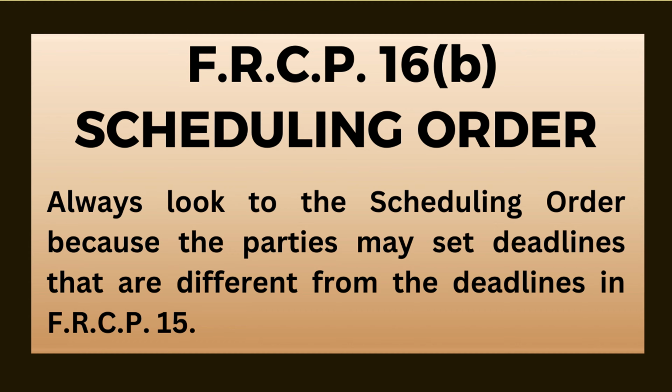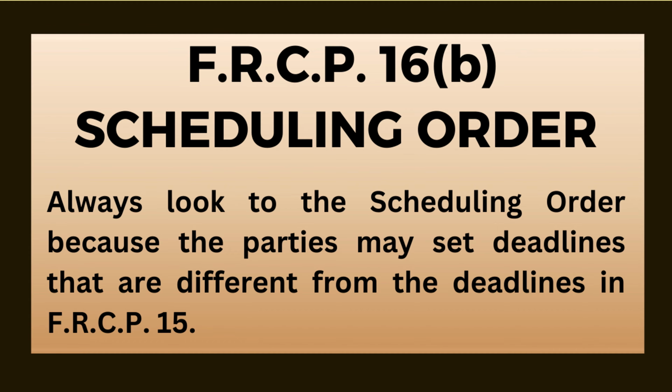Now, there is one other place to look, and that's Federal Rules of Civil Procedure 16(b), the scheduling order. After the complaint has been filed and the defendant has served an answer, the parties come together and participate in a scheduling conference. In that conference, the parties discuss the management of the case, and one of the hot topics is discovery.